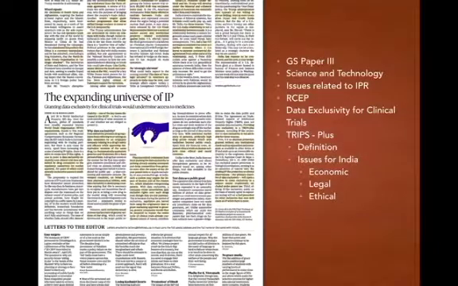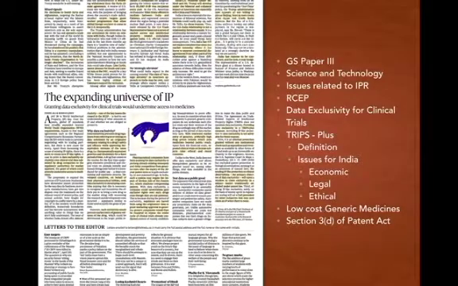And you can get a direct question like this: what is the data exclusivity clause of the TRIPS agreement, and discuss the economic, legal, and ethical issues arising for India because of such an agreement. So the economic issue is that the low cost generic medicines which are available in India would get hampered because of these data exclusivity clauses.